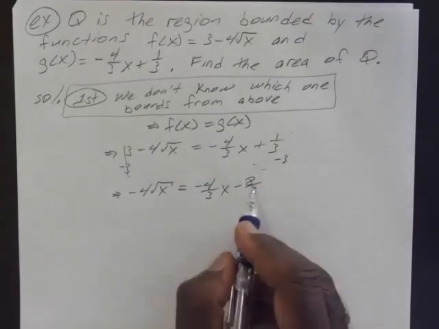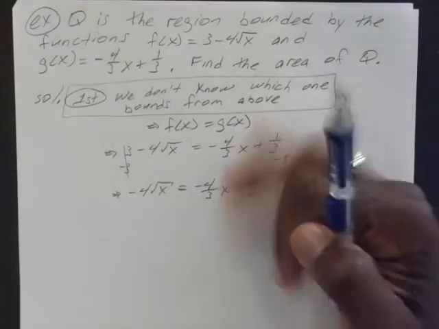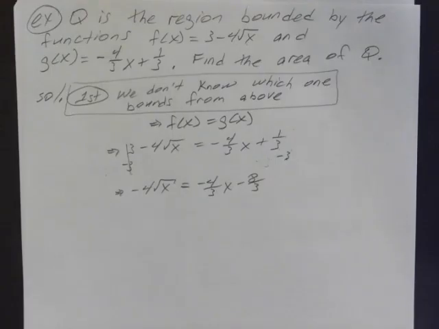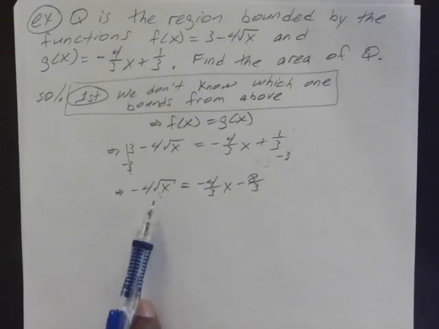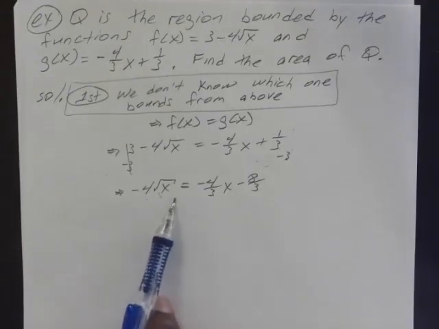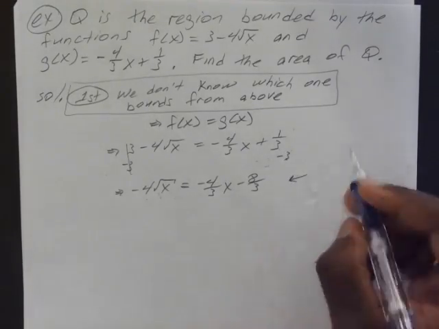Just so it's not into the next step. There we go. Now, if you wanted to, you could divide both sides by negative 4, but we don't have to, only because we want to get rid of that square root. And as long as we have the square root term by itself, we don't have to get rid of the coefficient, but you can if you wanted to. Now all we have to do is square both sides.